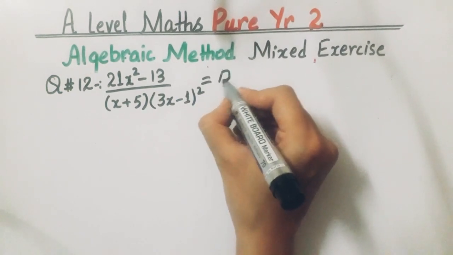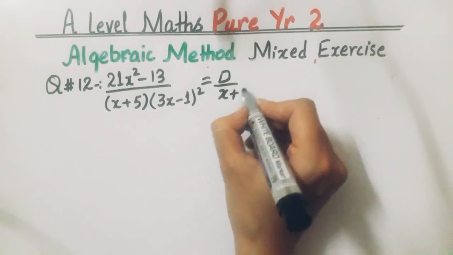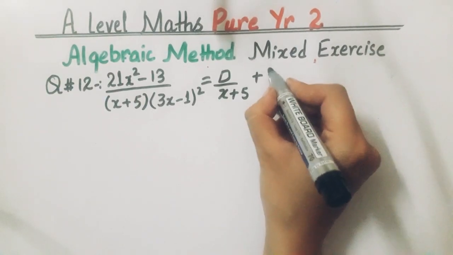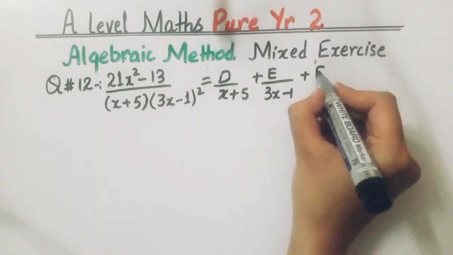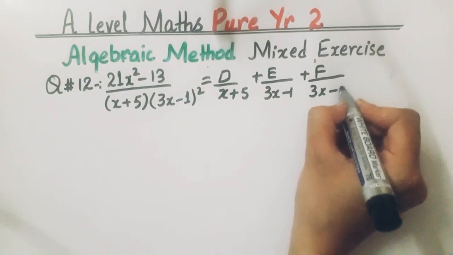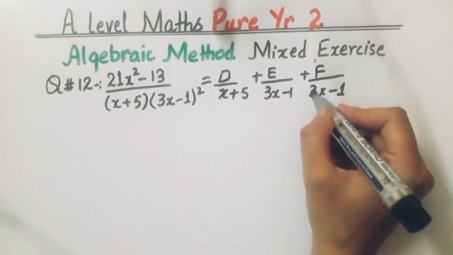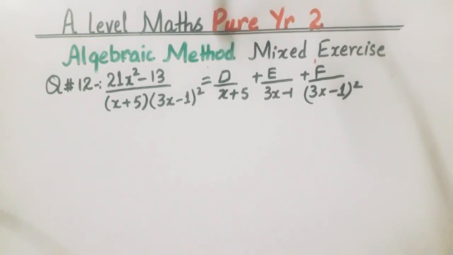This is equal to d over x plus 5 plus e over 3x minus 1 plus f over (3x minus 1) whole square. So you have to find the value of d, e and f.